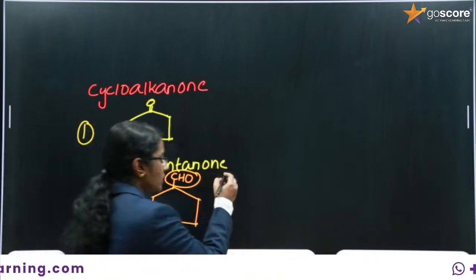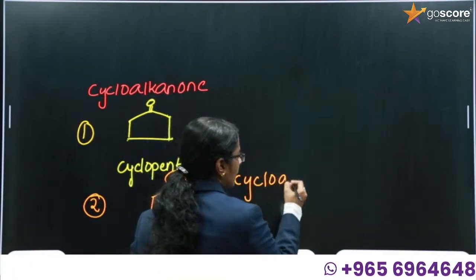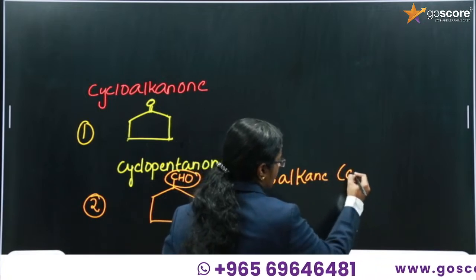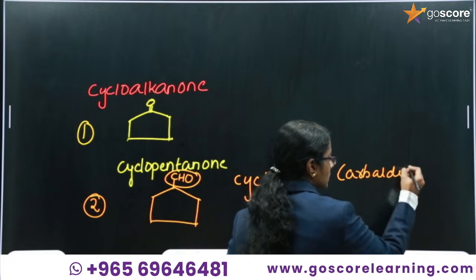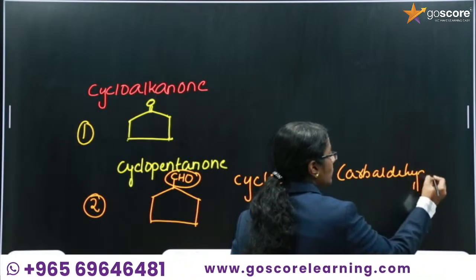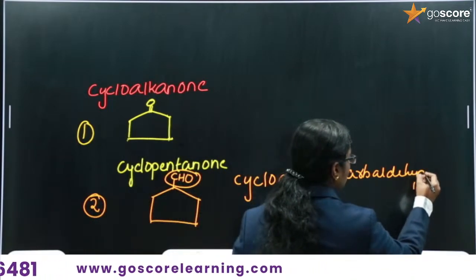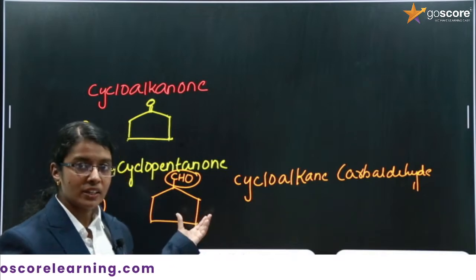I already told that cycloalkane carbaldehyde is the IUPAC name for alicyclic aldehyde.